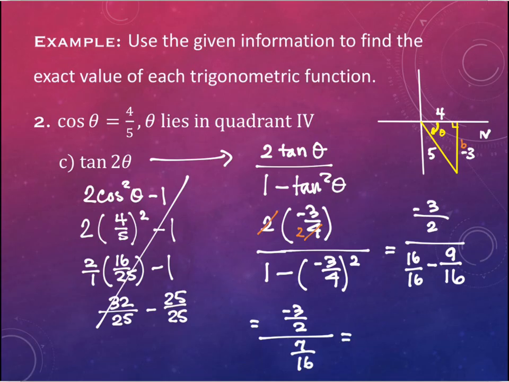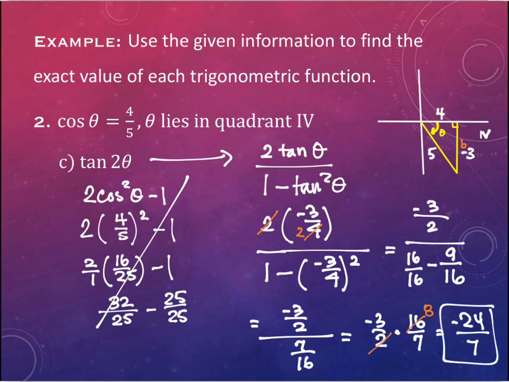And do you remember what we do when we try to divide fractions? Yep. Keep, change, flip. I'll multiply by the reciprocal. I'm going to take the denominator, flip it upside down and multiply. There is a simplification here as well. So this 2 and this 16 will simplify to an 8. So I end up getting -24 over 7. That is the right value, -24 over 7.